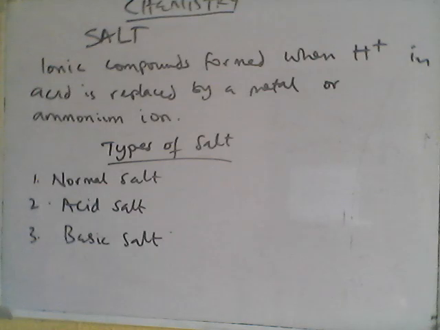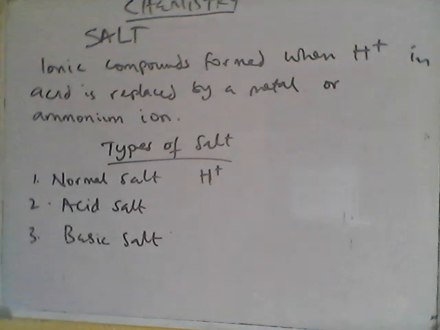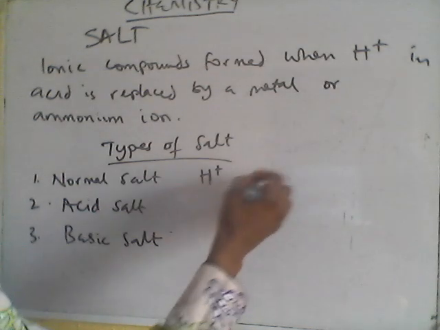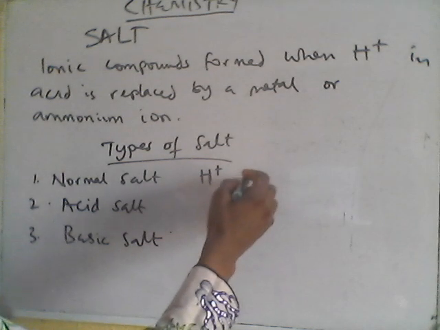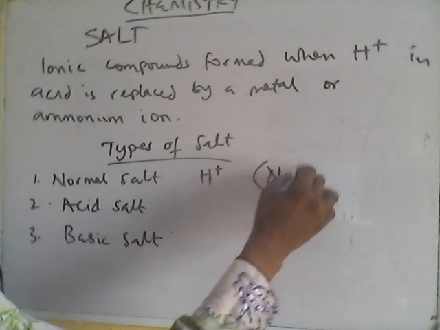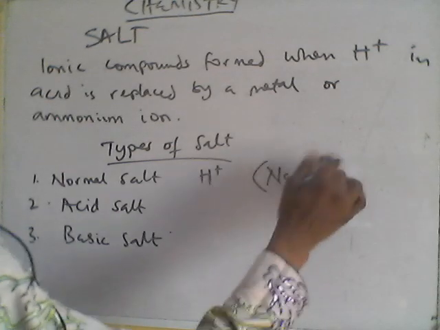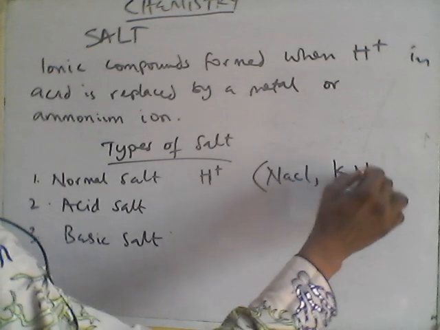Normal salt is when all the hydrogen ion is replaced, leaving nothing. So if you replace all the hydrogen ion, you'll be having things like this. Example, you also have things like potassium nitrate.